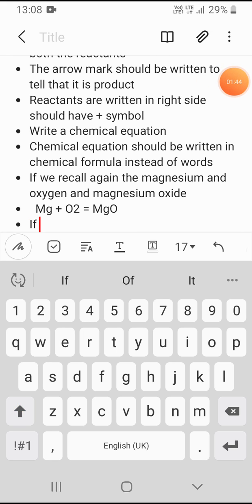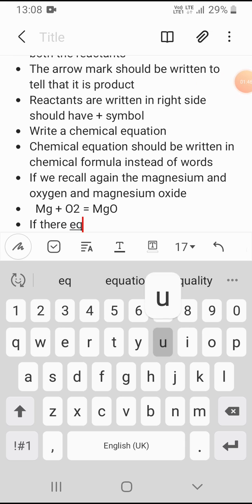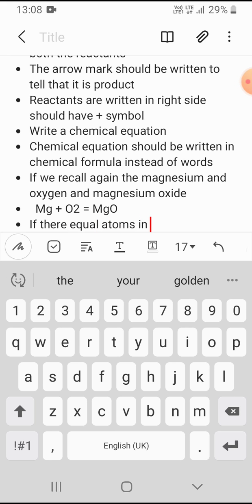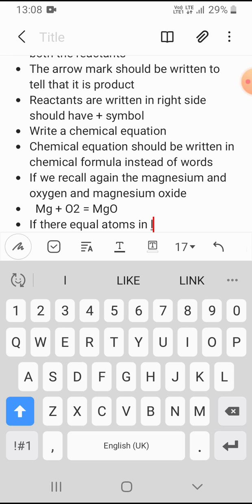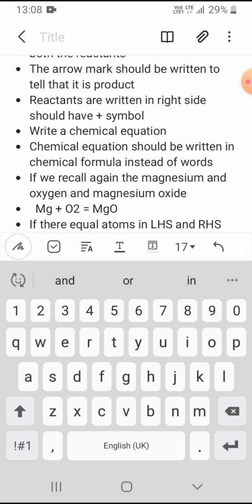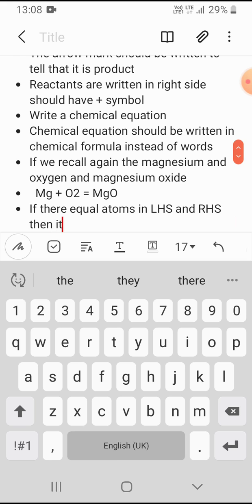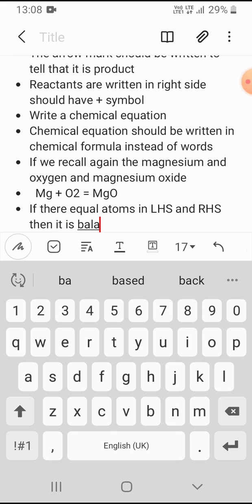If there are equal atoms on the left hand side, LHS, and the right hand side, RHS, then it is a balanced equation, because they both have equal atoms.